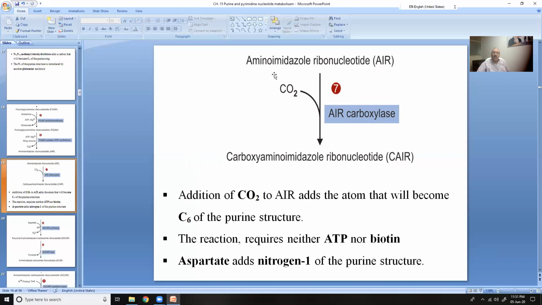this aminoimidazole ribonucleotide is giving us carboxyaminoimidazole ribonucleotide, CAIR, by the carboxylase. Addition of carbon dioxide to AIR adds the atom that will become C6 of the purine structure, and the reaction requires neither ATP nor biotin.